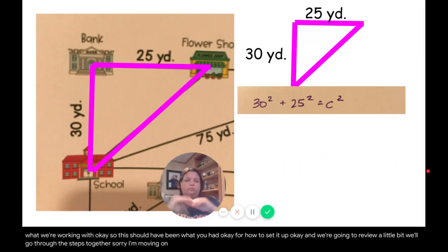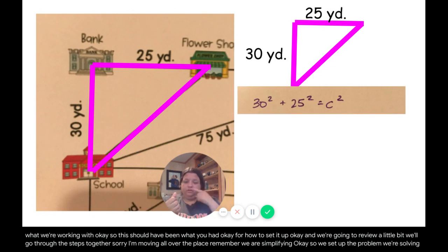Sorry, I'm moving all over the place. Remember, we are simplifying, okay? So we've set up the problem. We're solving for c.